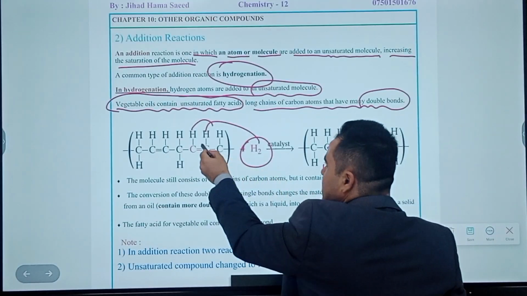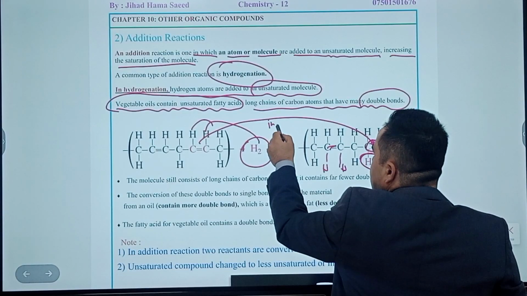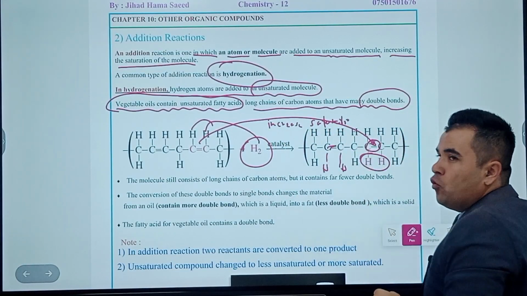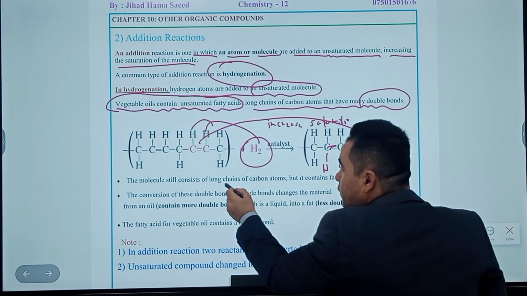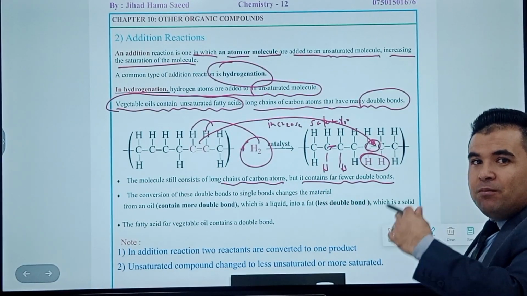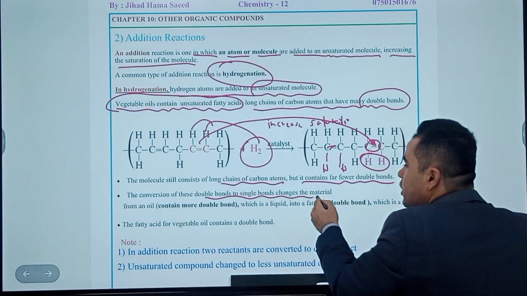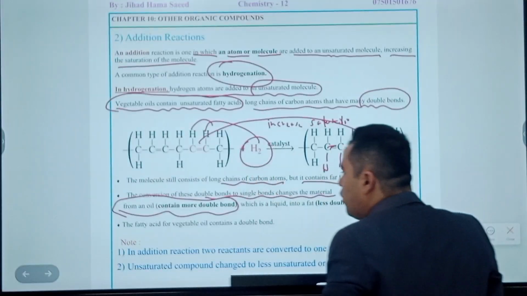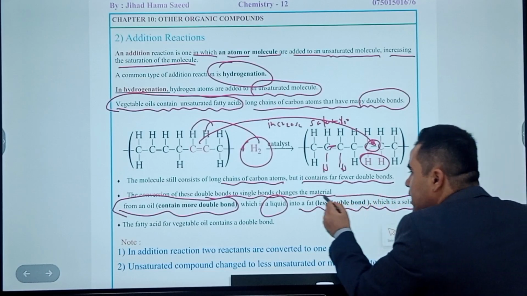So in this process, guys, as the double bond is converted to single bond, the saturation of the molecule increases. The molecule still consists of a long chain of hydrocarbon, but it contains far fewer double bonds. The number of double bonds reduces. The conversion of these double bonds to single bonds changes the material from an oil containing double bonds, which is liquid, into a fat with fewer double bonds, which is a solid.